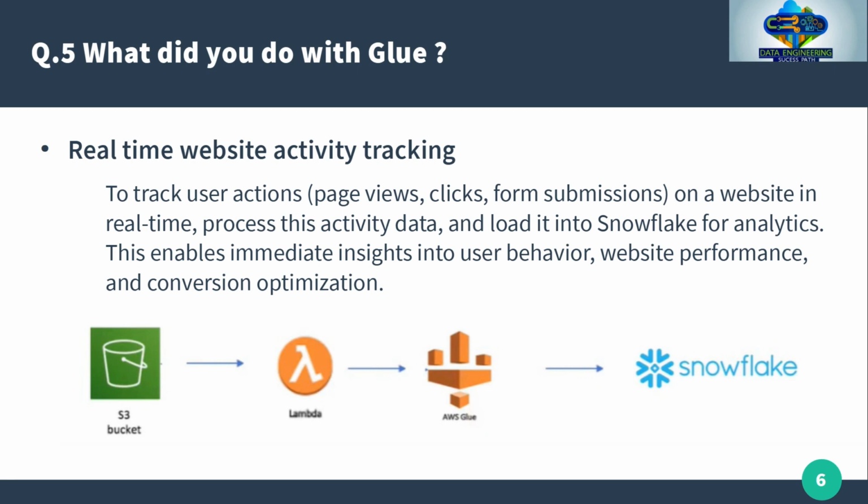So this is a simple approach for making a serverless data pipeline. It all starts from data collection. Website activities like clicks or page views are collected using a JavaScript tracker embedded in the website, and the collected data is sent to an Amazon S3 bucket, organized in the raw format.